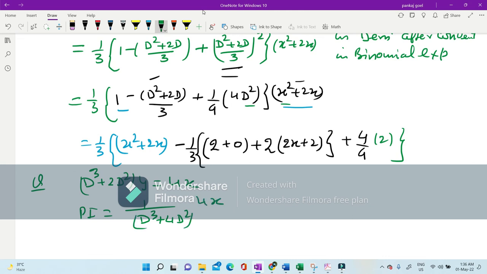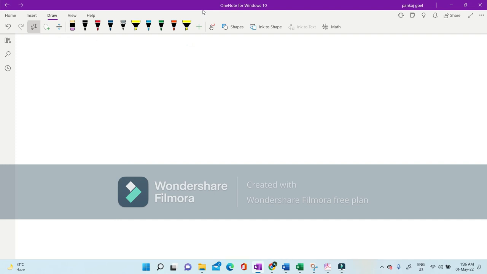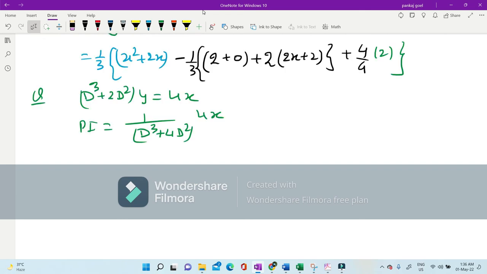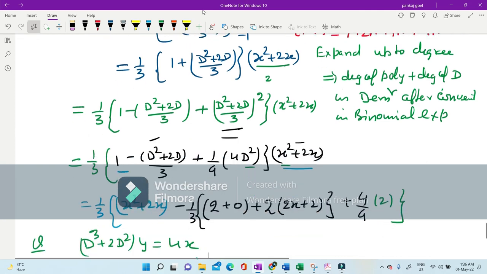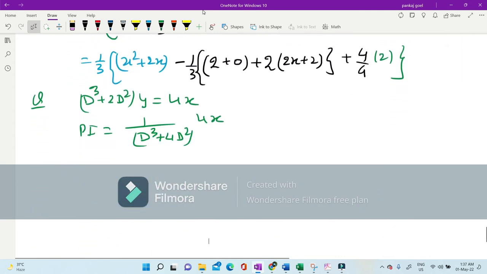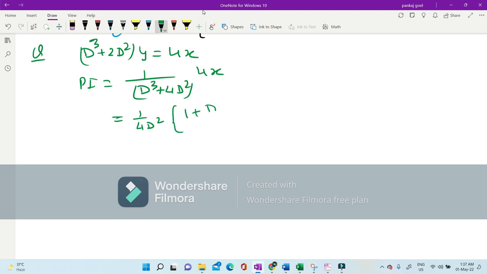Take the least degree term common from the denominator. In the denominator, the least degree term is 4D square, so take 4D square as common. That is 1 upon 4D square times (1 plus D upon 4) to the power minus 1, acting on 4x.